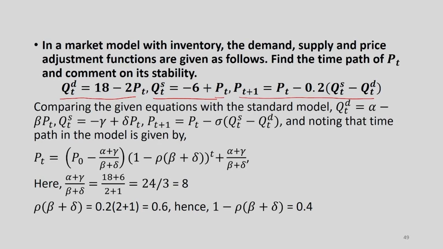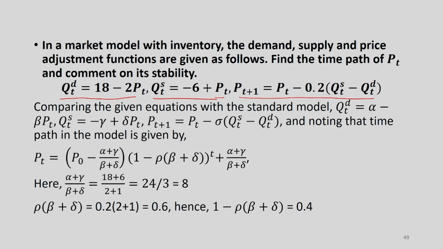So, just to recall, to understand the logic of this model, let us refresh our memory. In the inventory model, there is no automatic clearance in the market. That was there in the cobweb model, that what happens to the price depends on the market demand and market supply, and the price adjusts automatically according to whether there is excess demand or excess supply in the market.